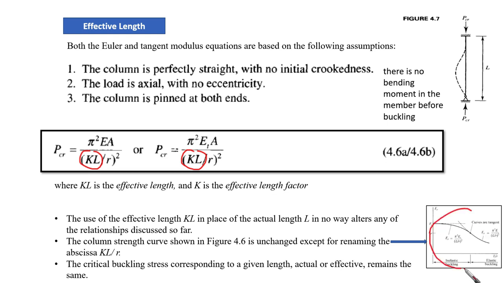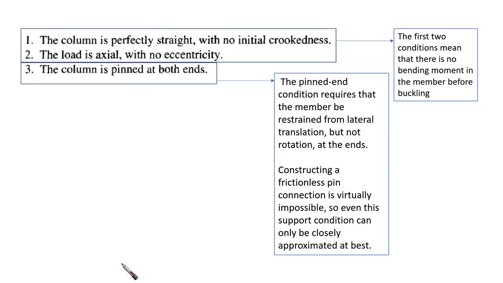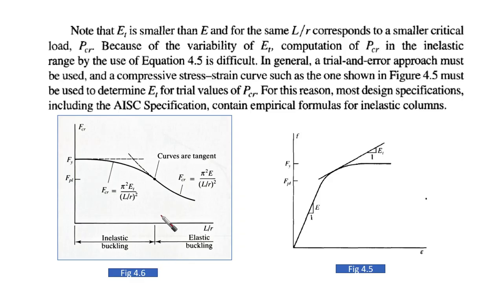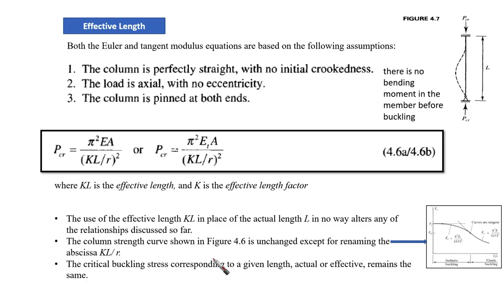So on this graph, for example, the column strength curve shown in this figure, which is figure 4.6, is unchanged except for renaming the abscissa to be KL over r. So instead of looking at this curve as having the horizontal axis L over r, we are going to put KL over r. So that's going to be our case here. Okay.